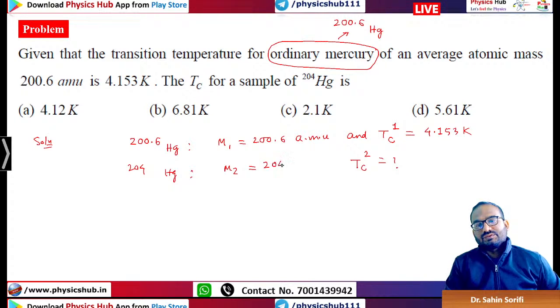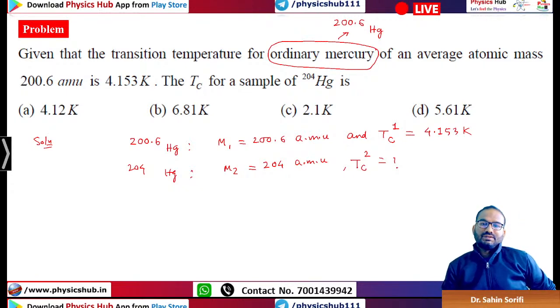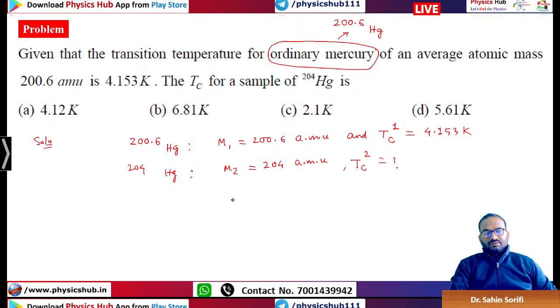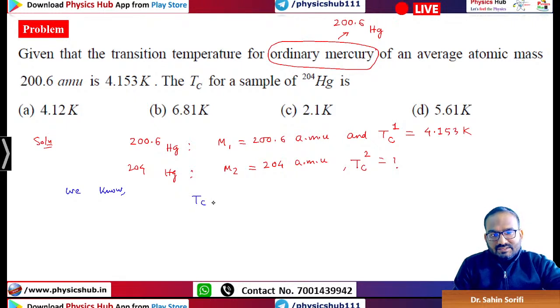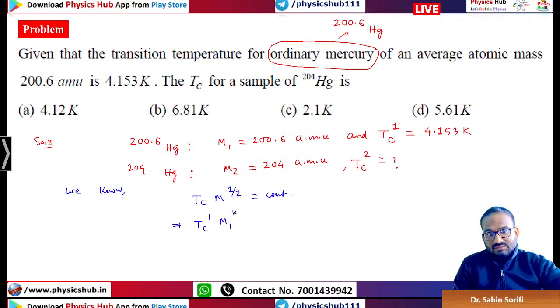So you can take m2 as 204 mu. Tc2 is to be determined. We know that Tc m to the power half equals constant. That means Tc1 m1 to the power half is equal to Tc2 m2 to the power half.